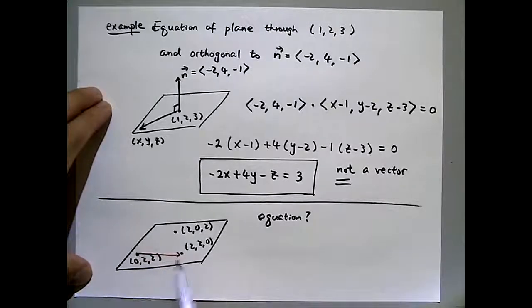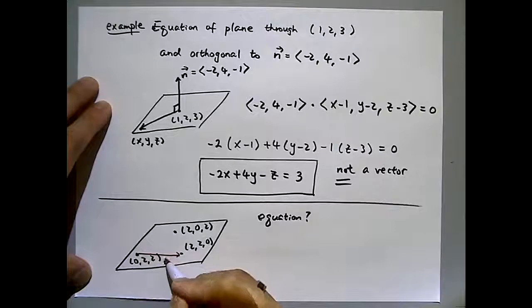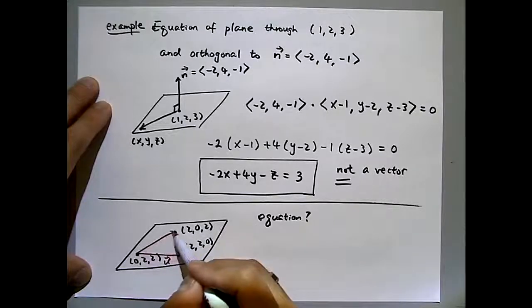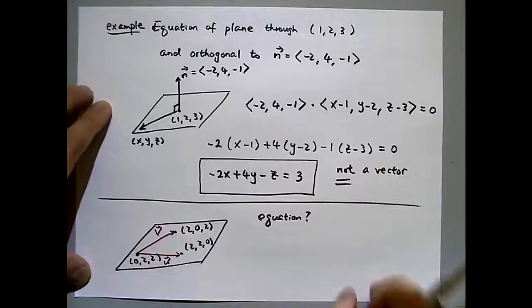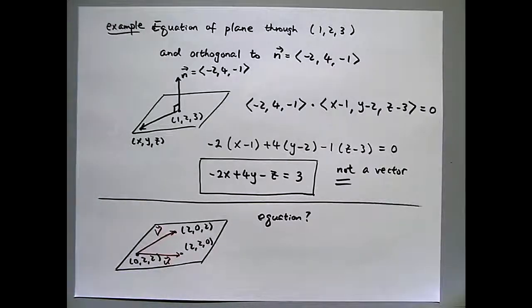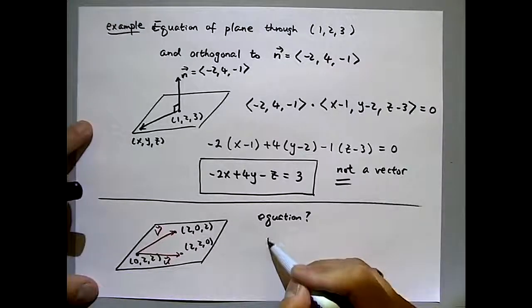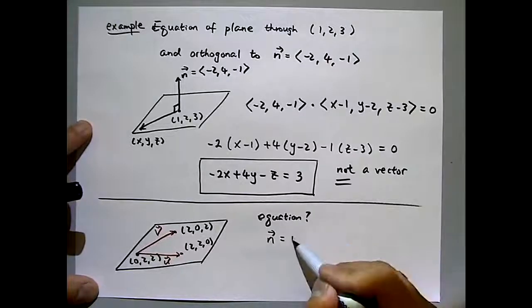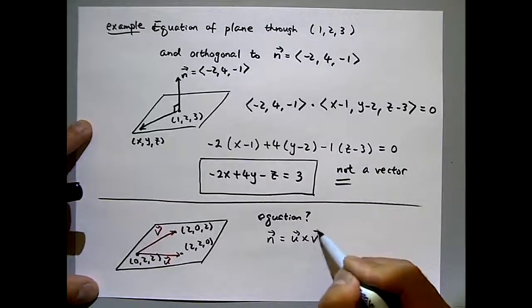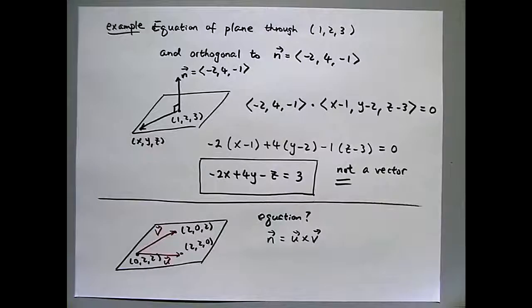So let's say this vector is, we'll call that u, and call this vector v. And you know how to find u and v. So you start with n is equal to u cross v. Can I do v cross u?